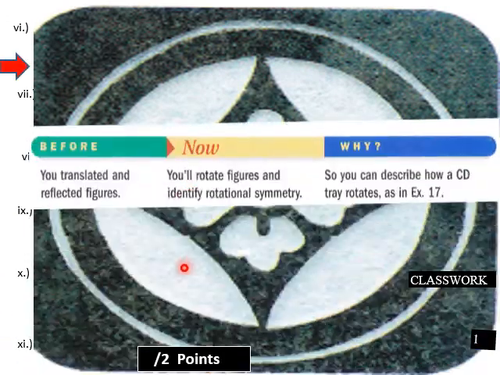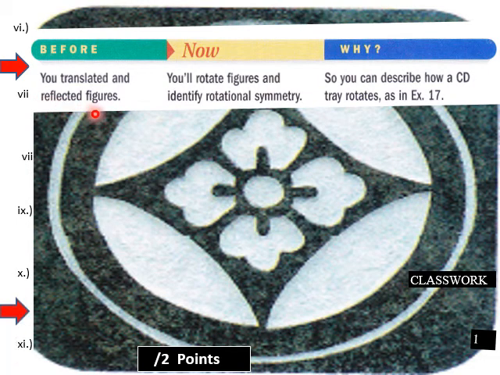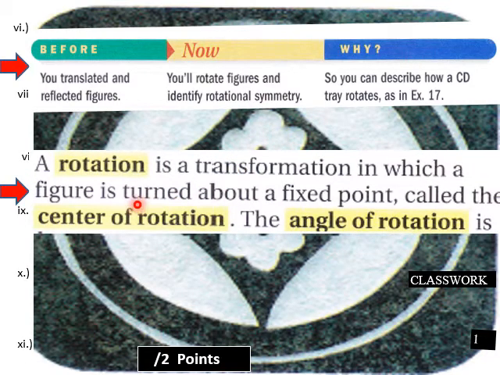Okay, into our lesson today, 13.6, you translate reflected figures. You'll rotate and identify rotational symmetry. A rotation, in this classwork, page 1, is a transformation in which a figure is turned about a fixed point called the center of rotation.